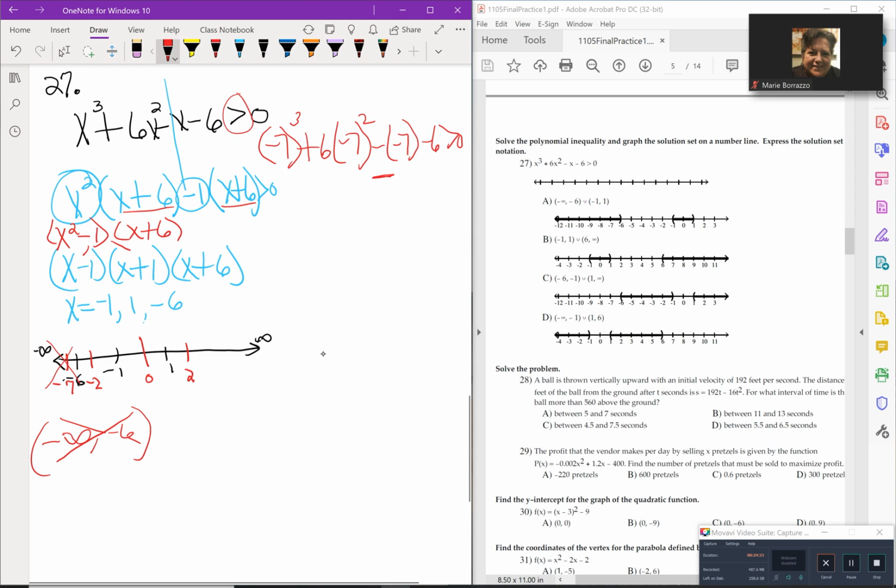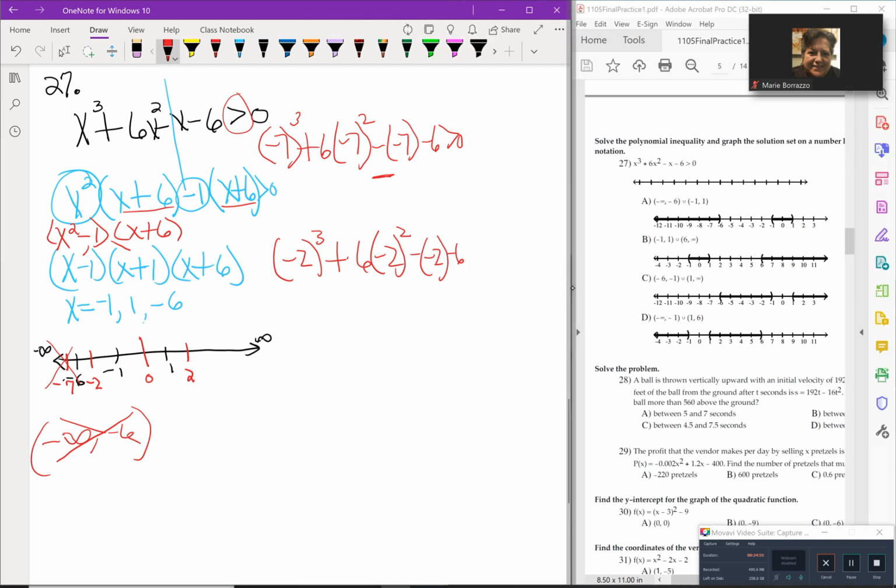Okay. Let's test the negative 2. So negative 2 cubed plus 6 times negative 2 squared minus negative 2 minus 6, is that greater than 0?